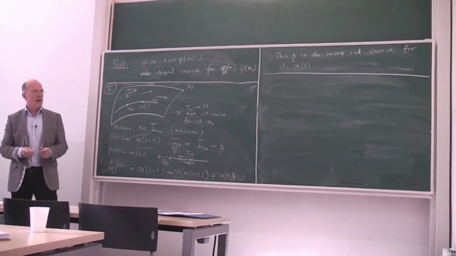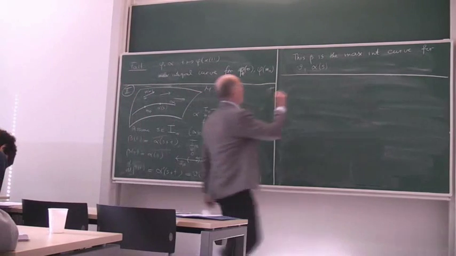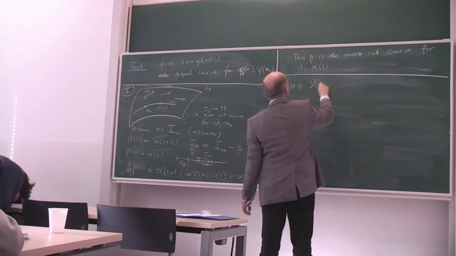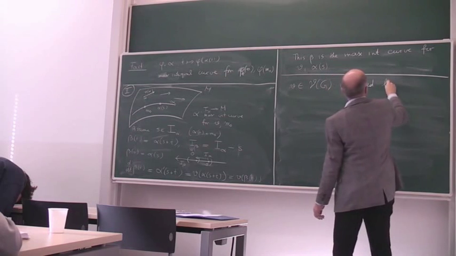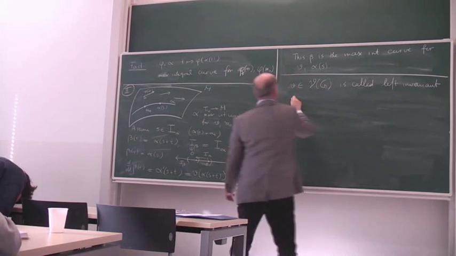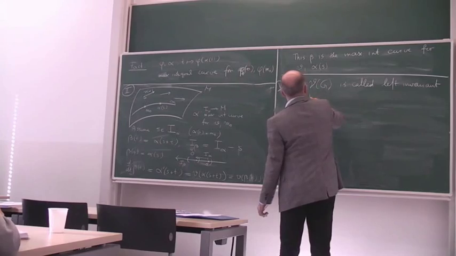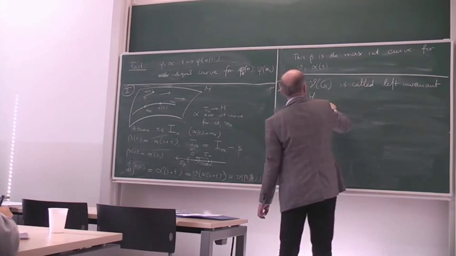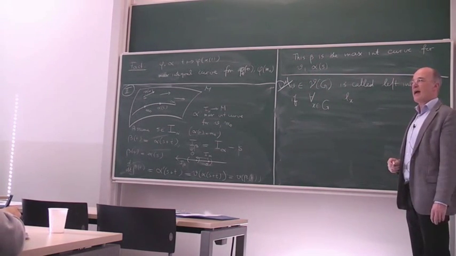The idea is to introduce on a Lie group the notion of left invariant vector field. So the vector field V on G is called left invariant if, definition, for all elements x in the group, one has that, take left multiplication by x.